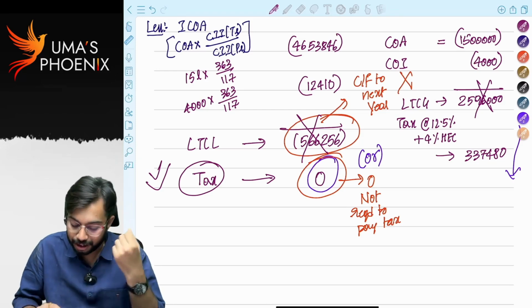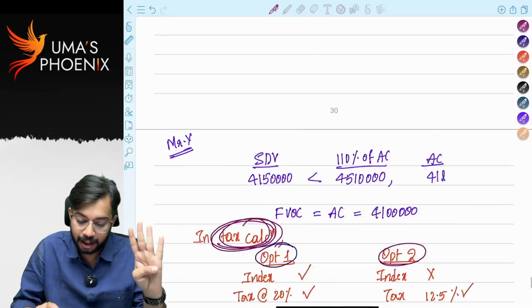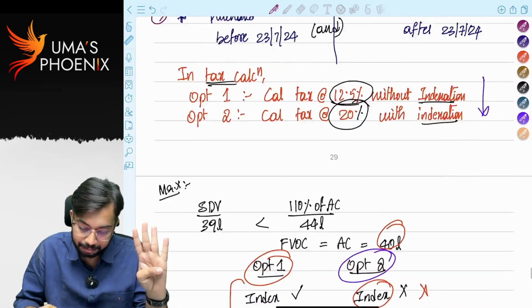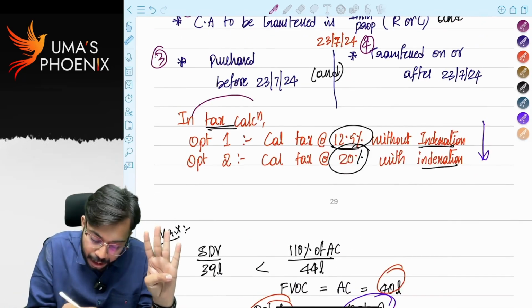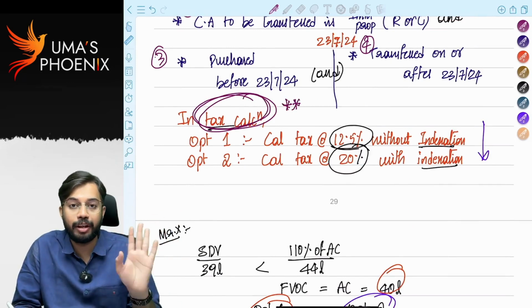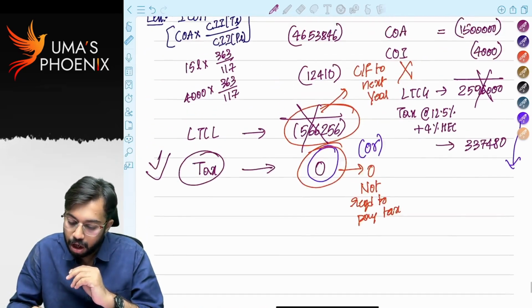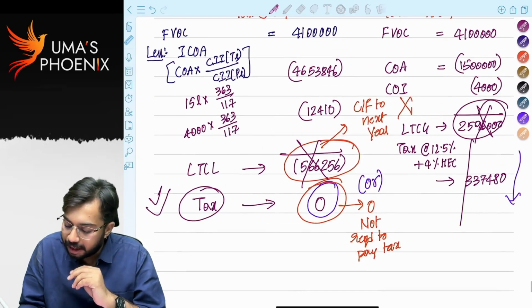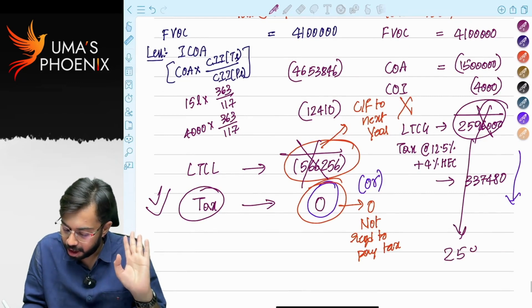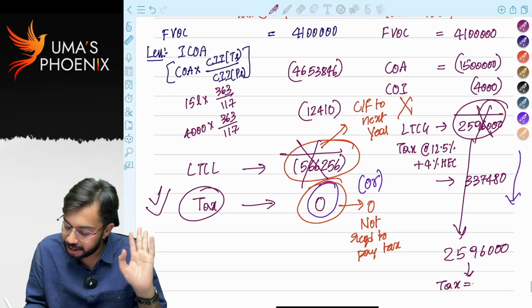Is it clear? So what I told, if 4 conditions are satisfied, in tax calculation, benefit is available. Benefit is not available for calculation of income. That means ideally, long-term capital gain is 25 lakh 96,000 only. Long-term capital gain is 25 lakh 96,000, but tax amount is 0.